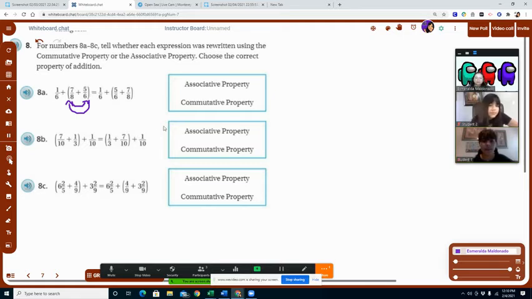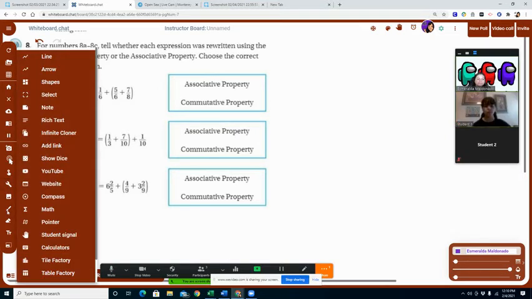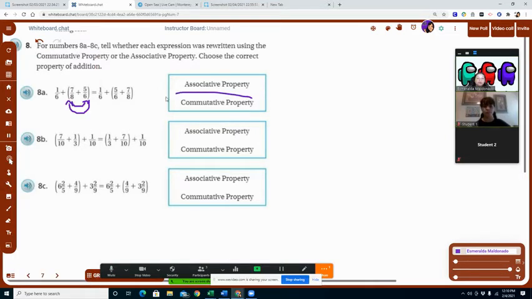I think they changed the order. They changed the order, right? All they did was switch what's inside the parentheses. So the parentheses are still grouping the same fractions. So this means that this is what property? Commutative? Commutative, because they only change the order. So the correct response here would be commutative property.